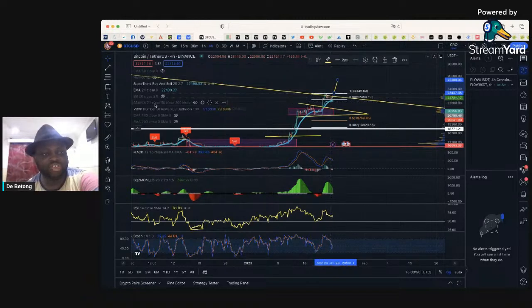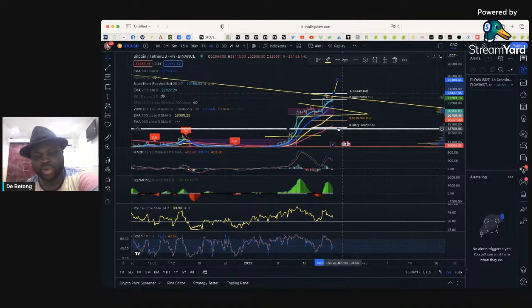And if I bring the 50 EMA, you're going to see that the 50 EMA is still below, and Bitcoin might come to retest to touch that 50 EMA before maybe pulling back to the upside. And if I look at the 100-day EMA, you're going to see that it's still below, and the 200-day EMA is also below here, the red sign.